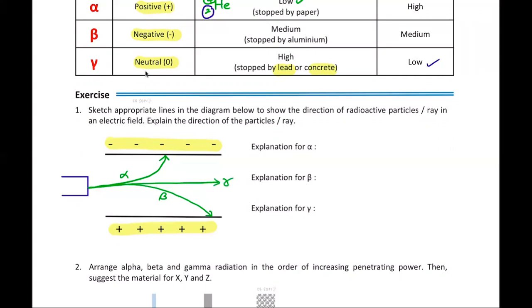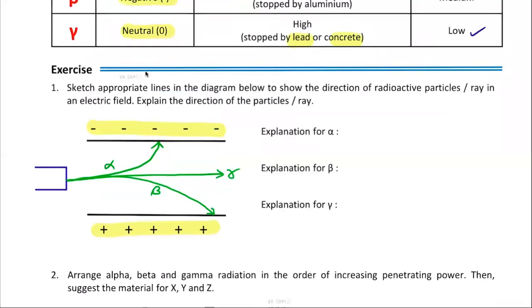Now, when you draw this, make sure the deflection for the alpha particle is bigger than the deflection for the beta particle. Now, why is that? Can anyone explain?